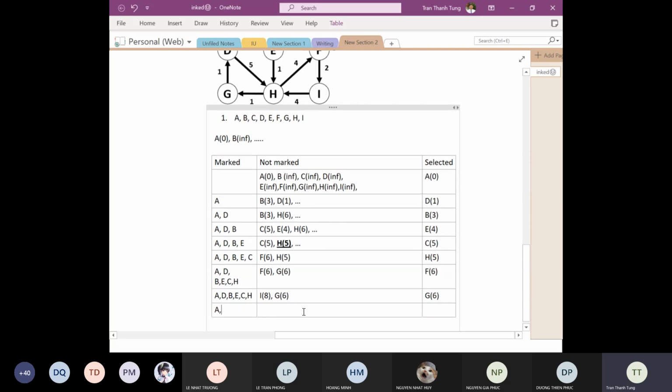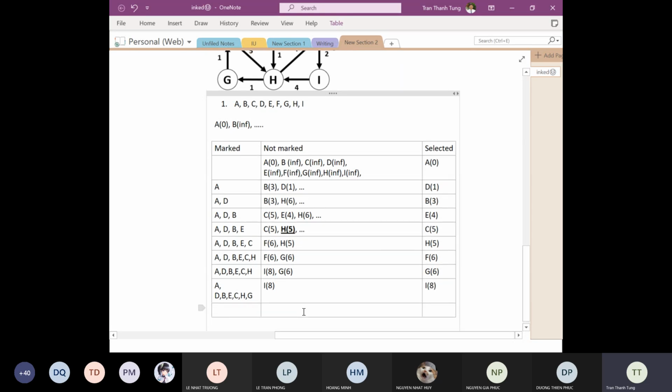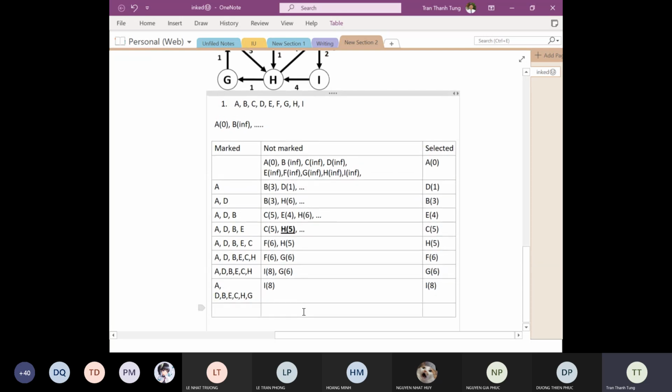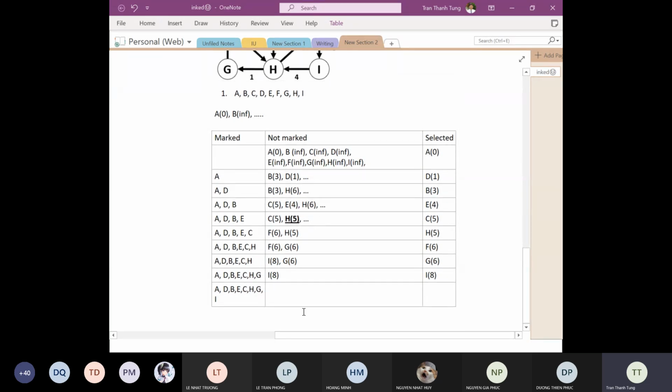So we have A, D, B, E, C, H, and G, and then I, A, and then we take I, A, and then finish. Okay, so we have everything. And that's it. Okay.